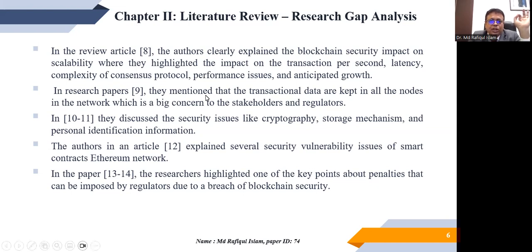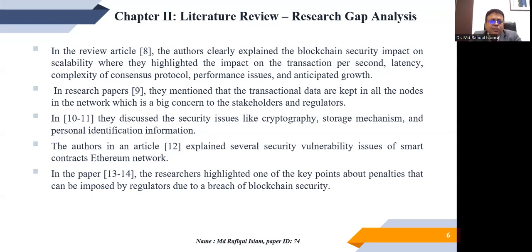The next researchers also highlight that the stakeholders and regulators are not in agreement, or they are very much concerned about transactions and security. We put references 10 to 11 in the paper. For security, they have cryptography, storage mechanisms, and personal identification.